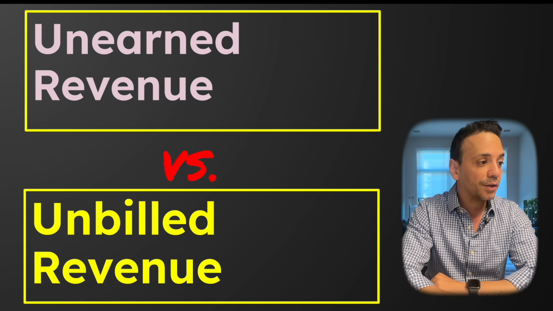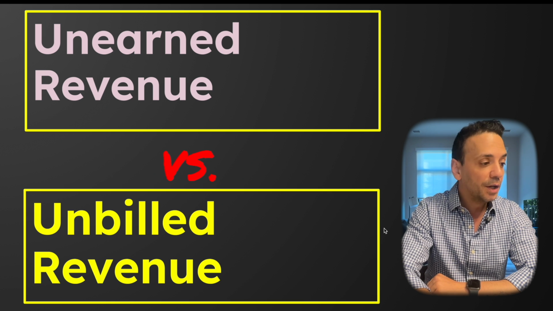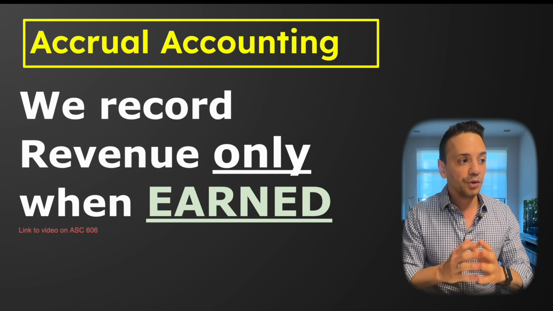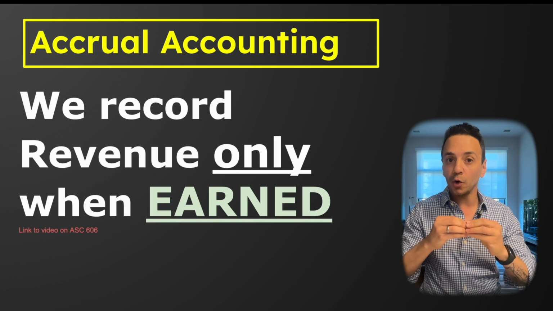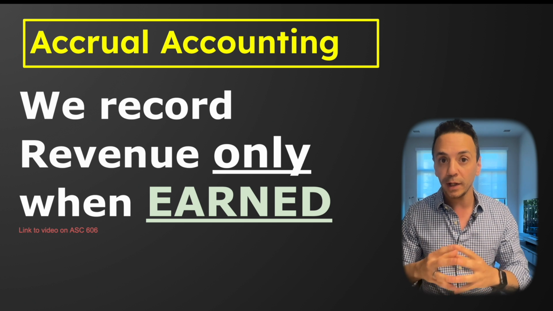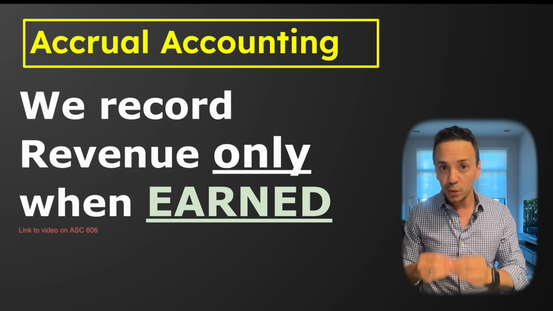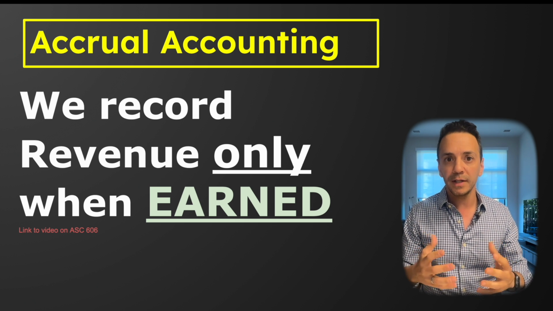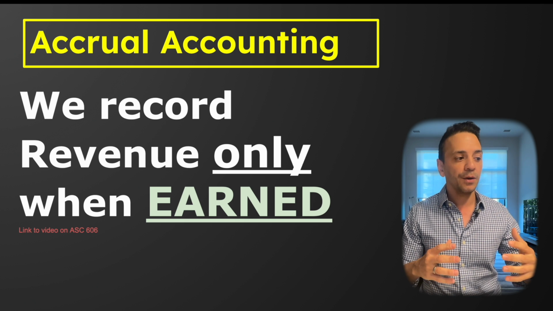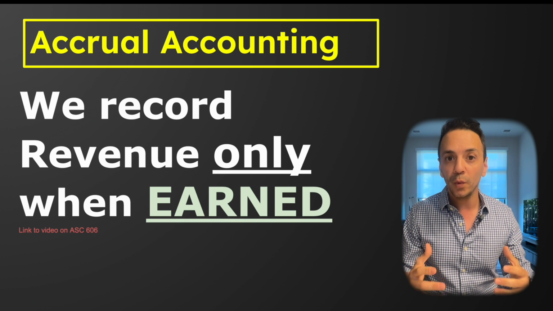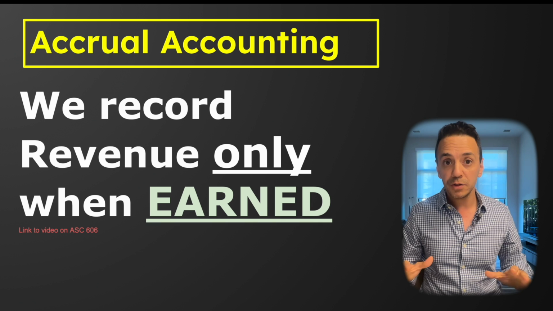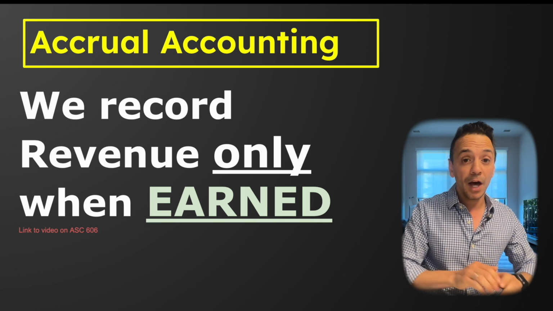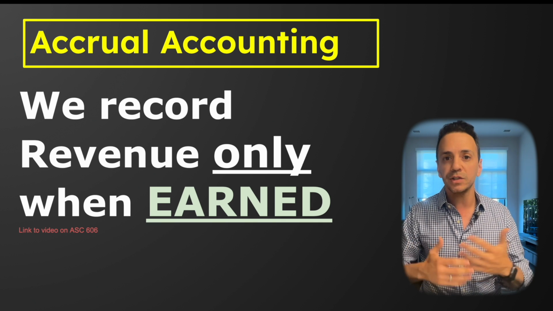We're talking about unearned revenue versus unbilled revenue. It's important to note that these two accounts occur because we are following accrual accounting, right? And under accrual accounting, which is recognized under US GAAP, accrual accounting says we record revenue when it's earned, regardless of when the cash is received and regardless of when the invoice is issued, right?